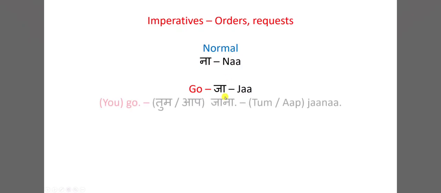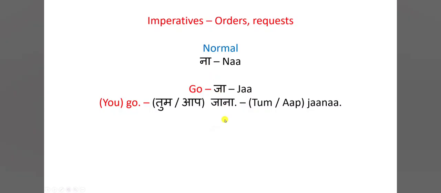Okay? You go can be said like this. Tum jana or aap jana. But then, as I mentioned before, we do not say you aloud. We just say go. So we don't say tum or aap. We just say jana. Okay? We add na to the root verb.